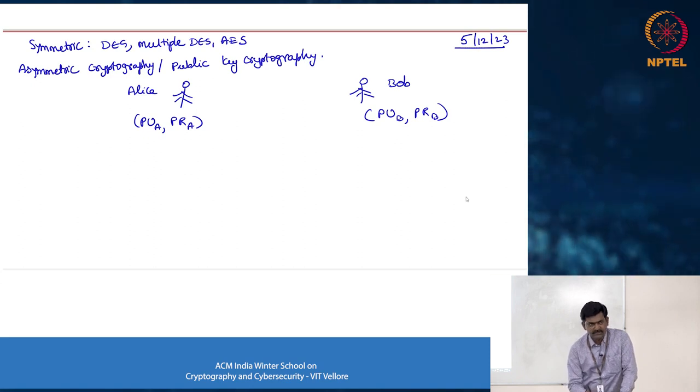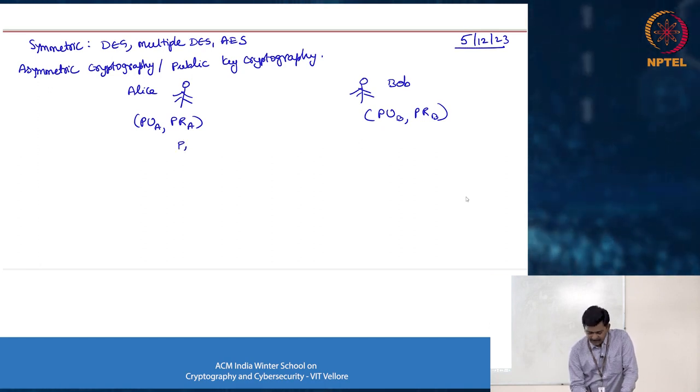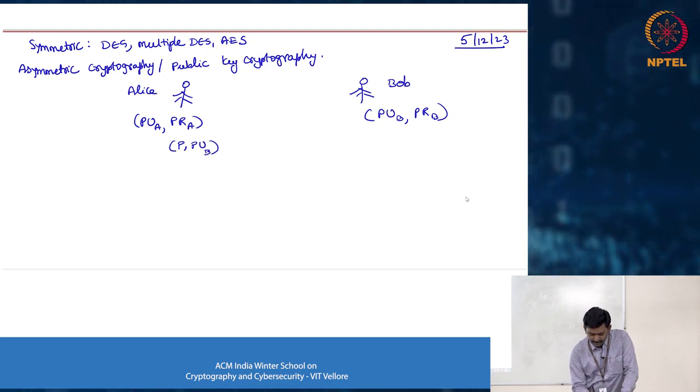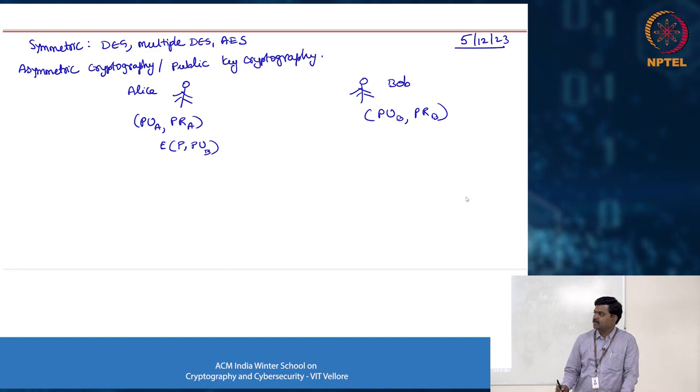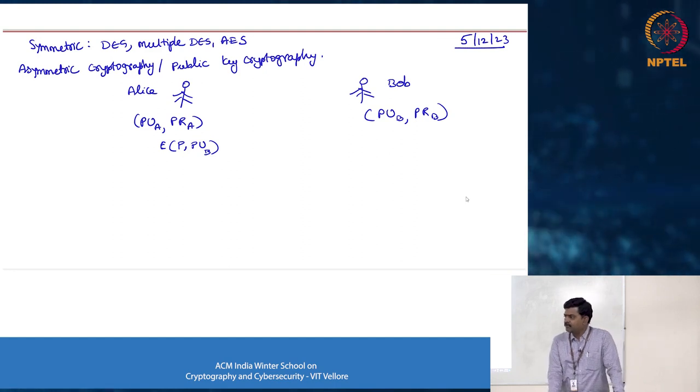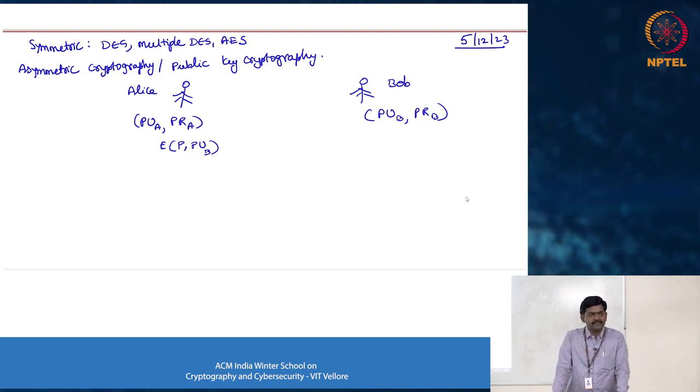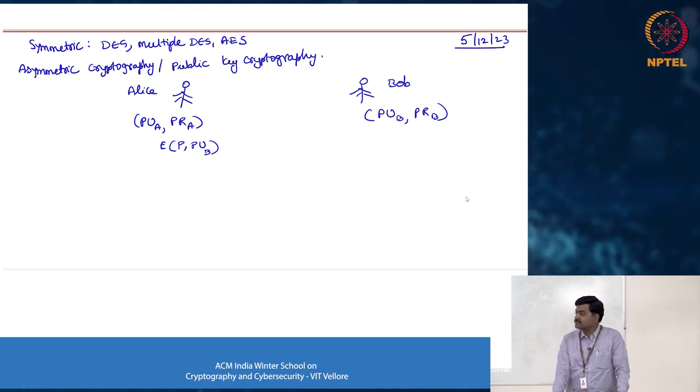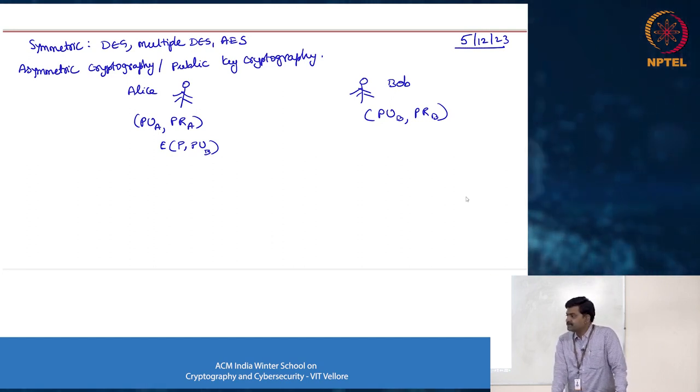Now, Alice wants to send a piece of information to Bob. The piece of information is P, and it gets encrypted with the help of the public key of Bob. Now, the point is, since Alice is using which key for encryption purpose?